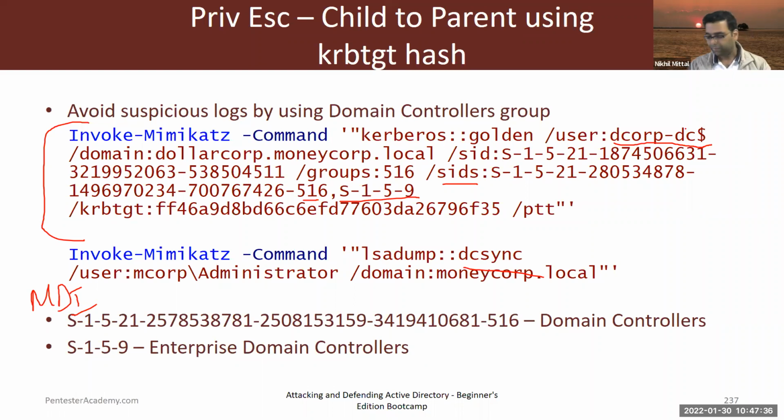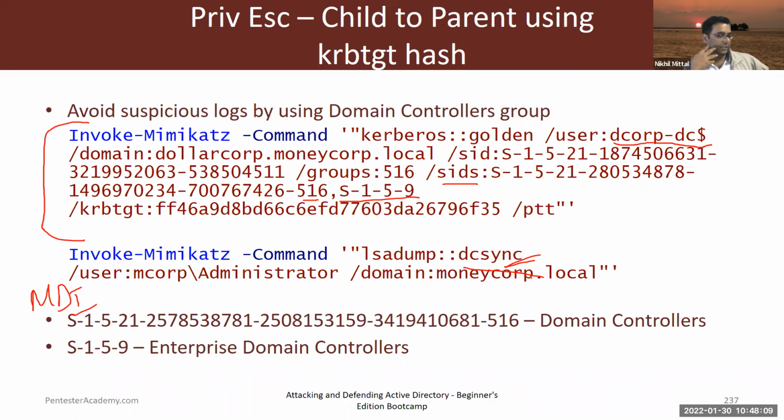Why? Because this is not an anomaly. A child DC will always talk to the forest root and they would always replicate information amongst them. I mean, there is no anomaly here that MDI can spot. And therefore, this would never be detected. At least up to now. I spoke about ATA, I think, in Black Hat in 2018. At that time, MDI was not even a thing. And this works right from that time.